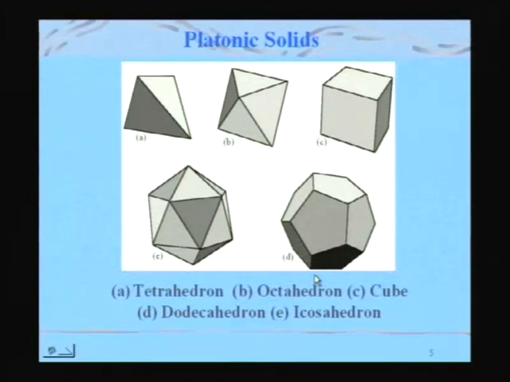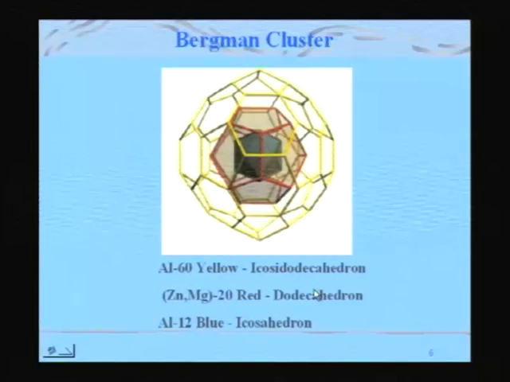So that is a 20-cornered dodecahedron. And then you have another icosahedron with about 60 atoms. So you can imagine how many total atoms there are in this. It's about 92 atoms in this cluster.